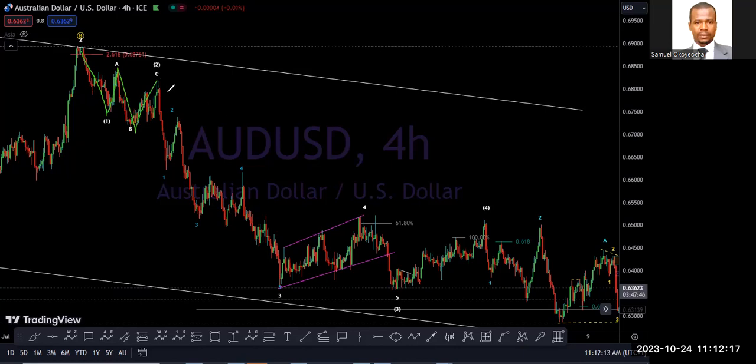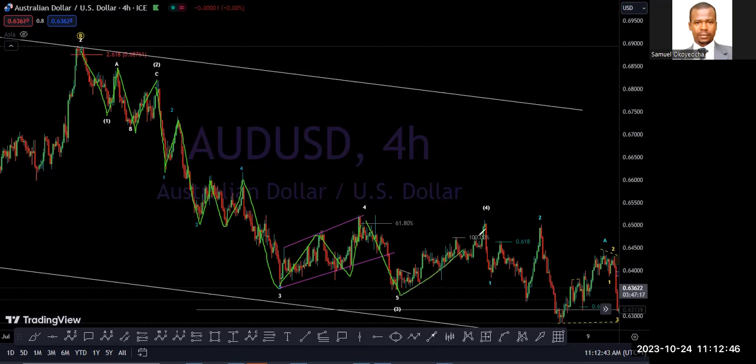Then we have wave 3 of 3 of 3. 1, 2, 3, expanding flat as 4, then 5. Then 3 of 3, 5 of 3 of 3. Then we have A, B, C, zigzag, ending the wave 3 of 3 here.